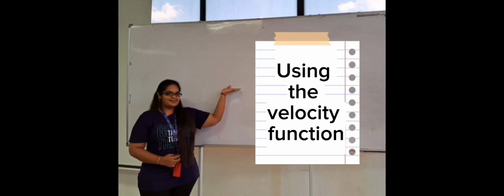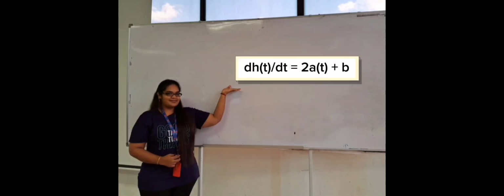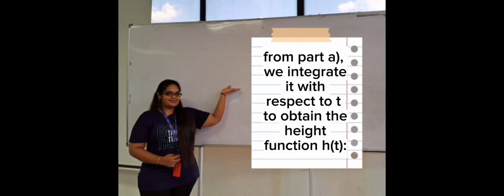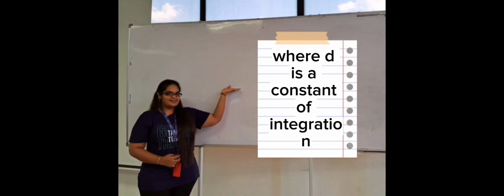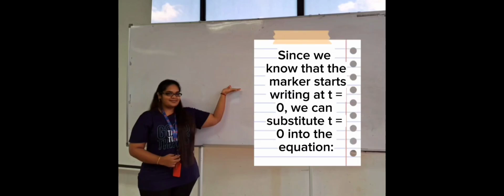Using the velocity function dh(t)/dt equals 2at plus b from part A, we integrate it with respect to t to obtain the height function h(t) equals at² plus bt plus d, where d is a constant of integration. Since we know that the marker starts writing at t equals 0, we can substitute t equals 0 into the equation.